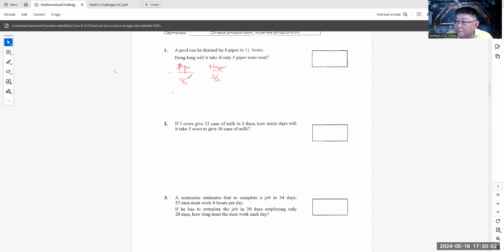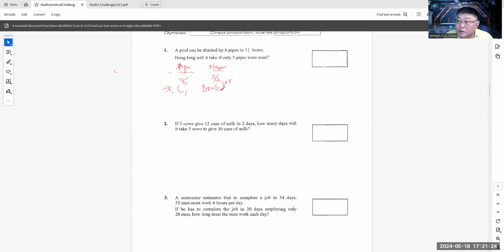So if I have 8 pipes and 3/2 hours, what happens if I have 1 pipe? I divide this by 8 to get 1 pipe. The hours now have to be inverse proportion, right? Less pipe, more hours, so you times 8. So it's 8 times 3/2, which is 12.